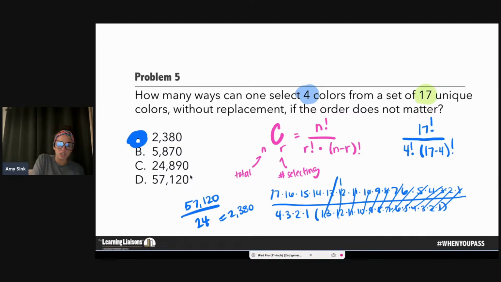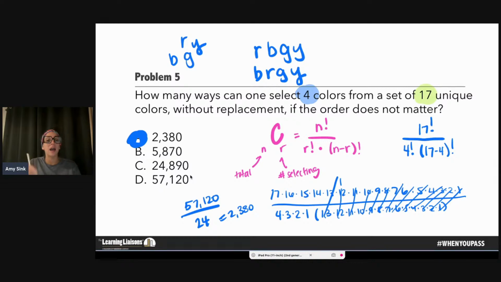In a combination, red, blue, green, yellow would be the same as blue, red, green, yellow, because order doesn't matter. But in a permutation, those two things would be totally different because order does matter. Does that make sense? So in a combination there are fewer options, because I could arrange these in so many different ways, but it would all count as one.